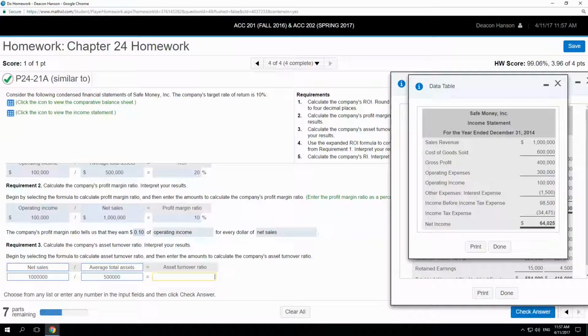right, 1.5 times, asset turnover ratio. So let's see what they want us to write it in. 150%. They don't want it in percentage, right? They want it in a decimal. Let's see. I'm sorry, you got 2, right? 2 times.